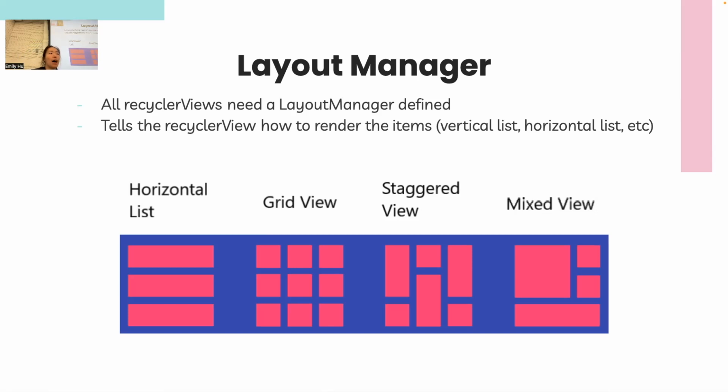So there are so many options in how you want to display your list, which is a lot better than just list view, because in that case, you would only be able to do one direction of vertical scrolling. Typically we only use vertical lists and horizontal lists in this class, but I just wanted to show you the other options that you have if you want to do this in the future.